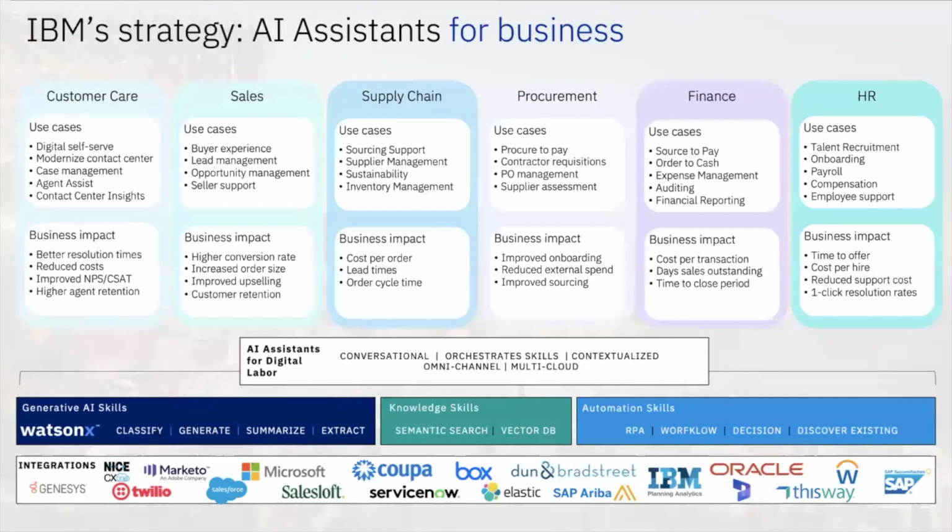So out of this, what are the use cases? The use cases of the Watson Assistant or the AI assistant that we have are endless. As you can see, this is part of the use cases that we can use. You can use it in customer care. Instead of having this IVR where you have to listen for 5 minutes about the offers until you get the main menu, which we are all suffering from, right?